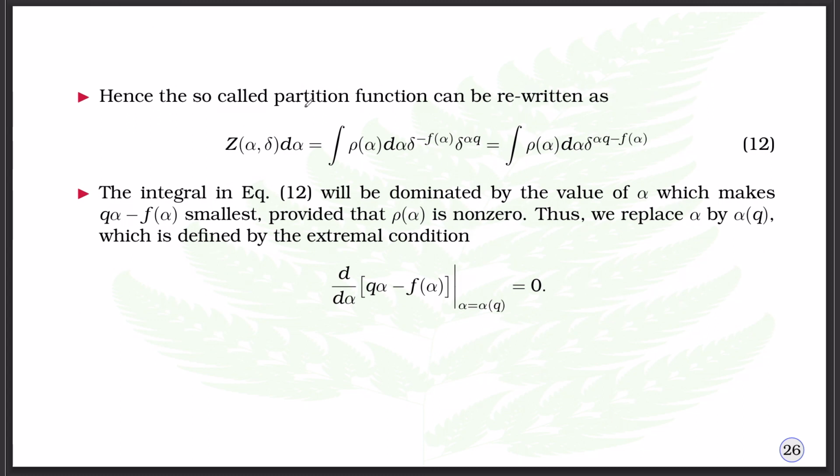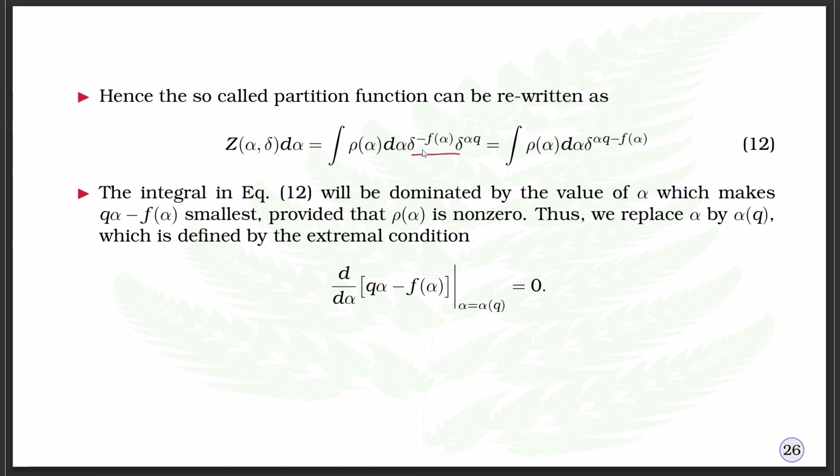Hence the so-called partition function Z can be rewritten as the integral of ρ(α) dα δ^(−f(α)) times δ^(αq), which is equal to the integral of ρ(α) dα δ^(αq − f(α)).